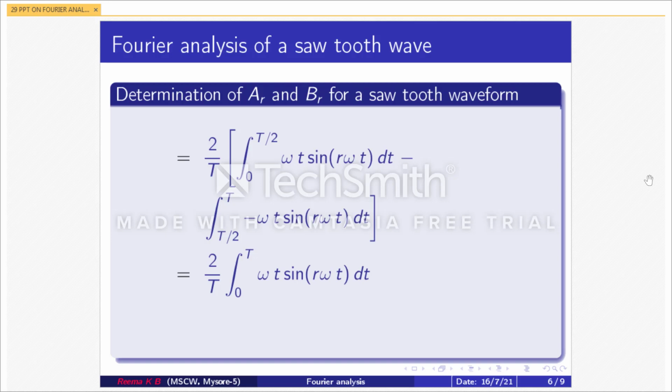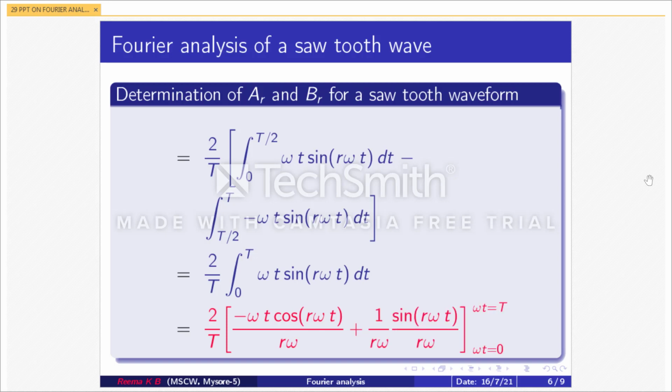This is equal to 2 by T integral between the limits 0 to T of omega t sin of r omega t dt, which is equal to 2 by T of minus omega t cos of r omega t by r omega plus 1 over r omega times sin of r omega t by r omega, integrated between the limits omega t is equal to 0 to T.